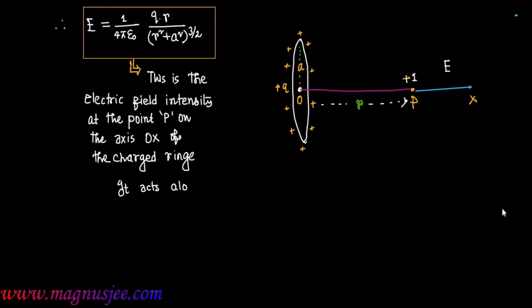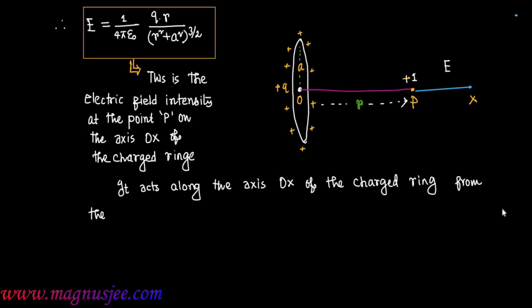It acts along the axis OX of the charge ring from the point P on the axis, away from the charge ring.